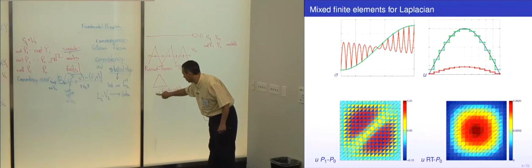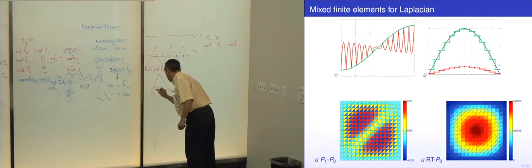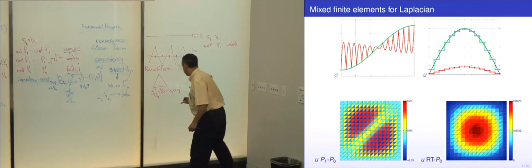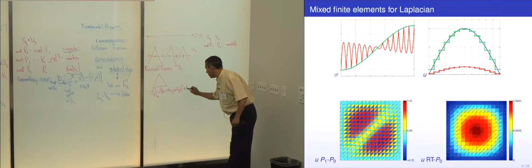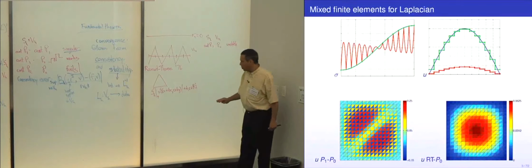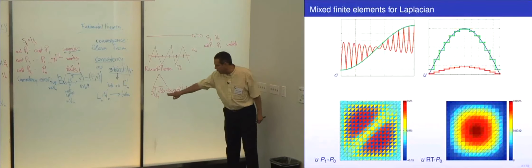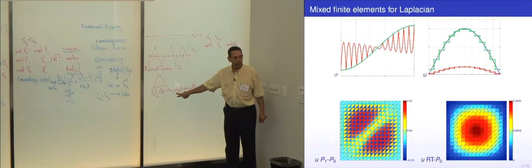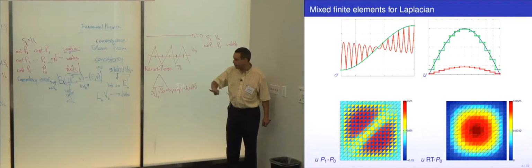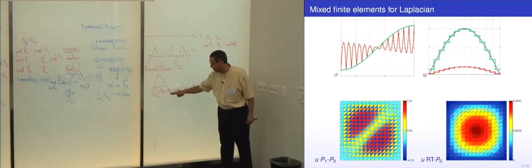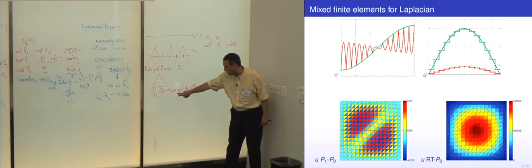So S_h restricted to T is the set of all functions of that form where A, B, and C are real numbers. So it's a piecewise linear vector field, but not an arbitrary piecewise linear. There is a 6-dimensional space of piecewise linear vector fields, but these are only a 3-dimensional subspace.